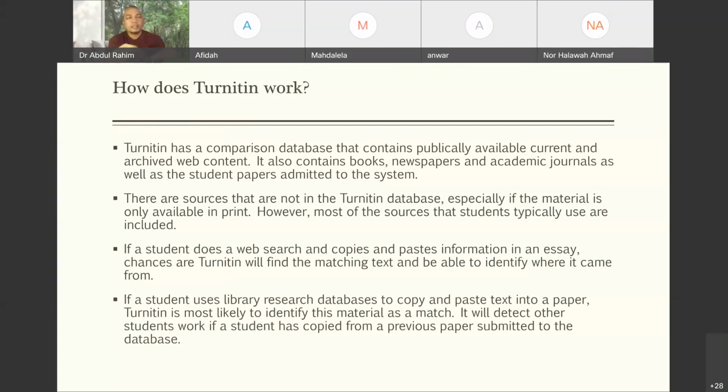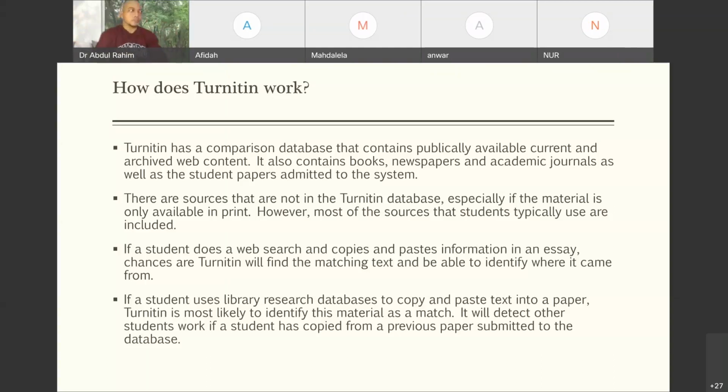When that happens in the Turnitin system, of course, they will record it. So whenever another paper or another assignment is uploaded into the system, of course, they can cross-check the similarity score.